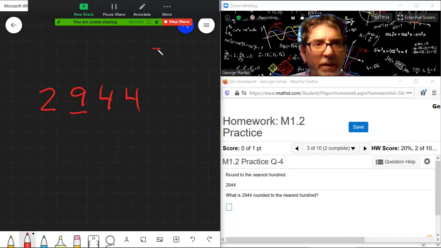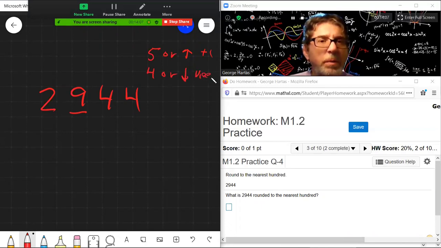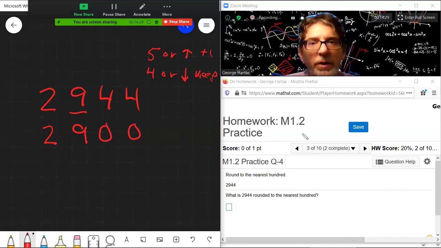Remember, 5 or greater, add 1. 4 or less, keep. So since this digit is 4, we keep the 9. So the 9 comes down. Anything to the left of the underline comes down the way it is. Anything to the right of the underline converts to zeros. 2,900.